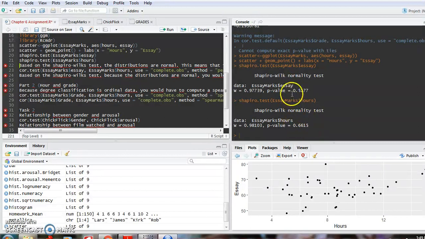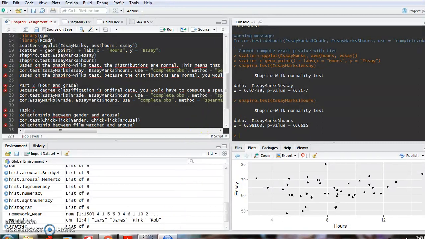Given that these two tests have provided us a non-significant value, this means that each of our data is normally distributed. So there's no deviation from normality. This is good for what we want to do next.